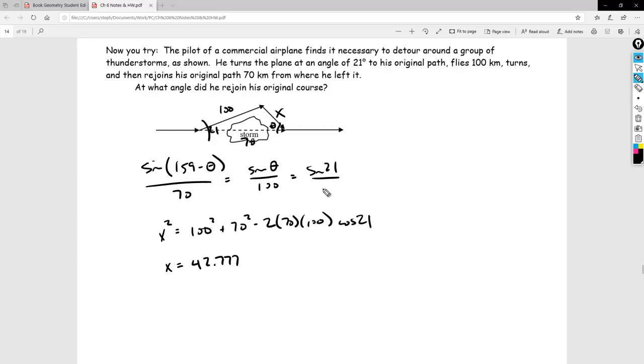So now in my ratio here, I know that this is 42.777. Now I can solve for theta. So now I can cross multiply here and use arcsine to solve for theta, meaning that theta will be 56.904 degrees.